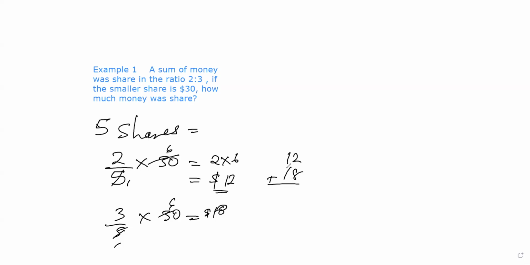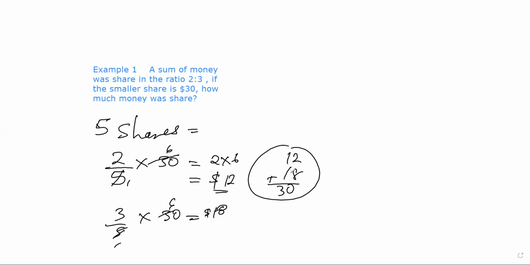All right, let me throw it up. Do you guys agree with that or disagree? Read the question again. What does the question say? It says to find how much money was shared. So how much money was shared? 12 and 18.